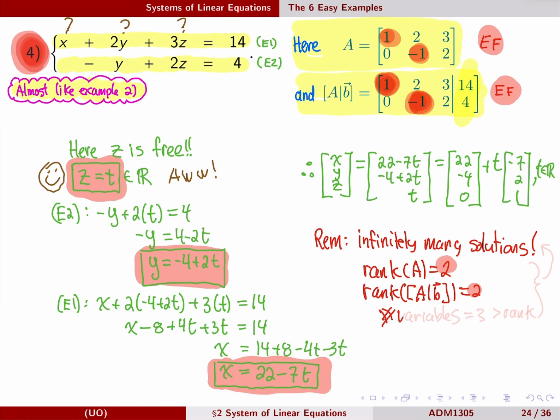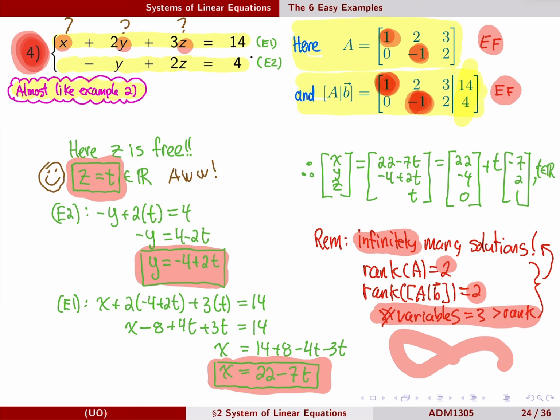But if we look at the number of variables, we get 3. And that number is bigger than the rank numbers. And that's another way to argue correctly that we have infinitely many solutions. We could test you on a test and say, hey, we have a big fat system where the rank of A and the rank of AB is 17, but the number of variables is 19.